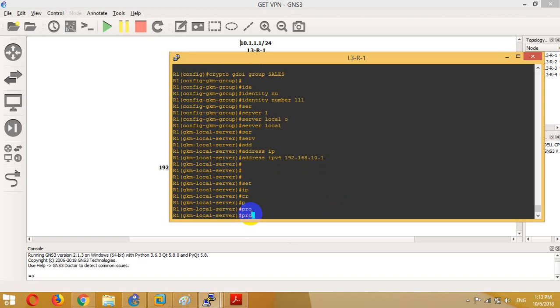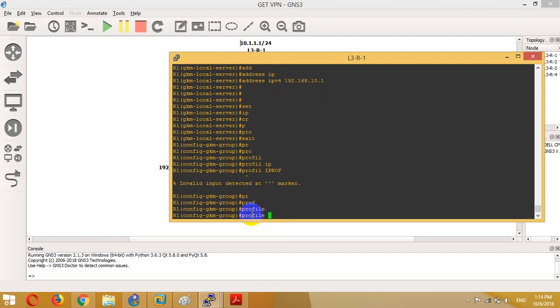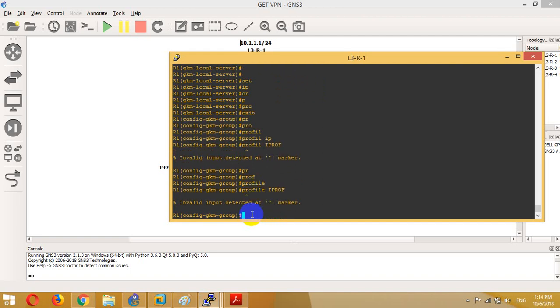Profile, we'll say profile iProf. No, so configure the group configuration.